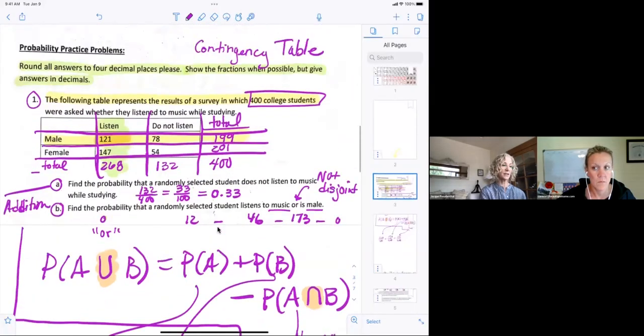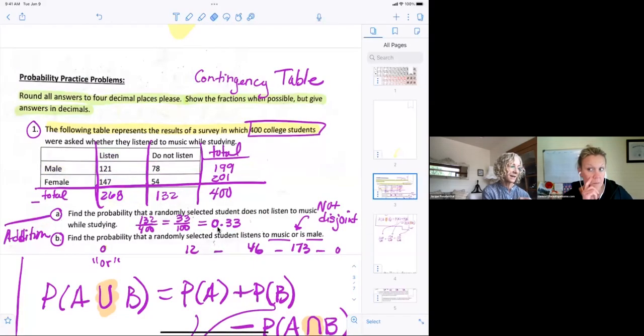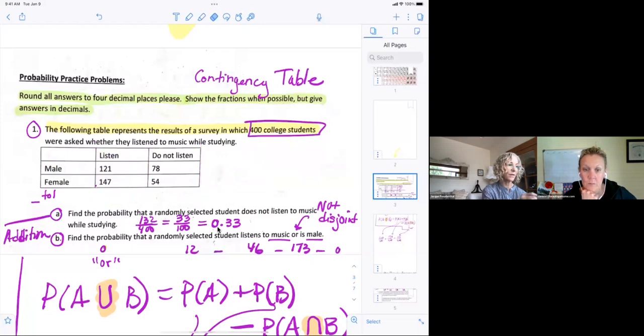Could we just look at our table? And in our table, erase all these marks now. In our table, could we just look at where the students listen to music or is male? So listens to music is here, listens to music is here, and male is here.